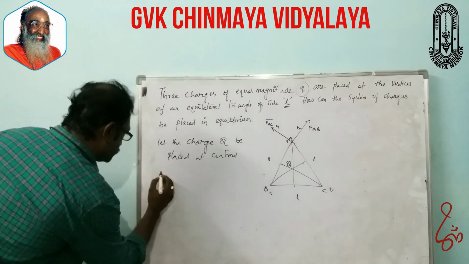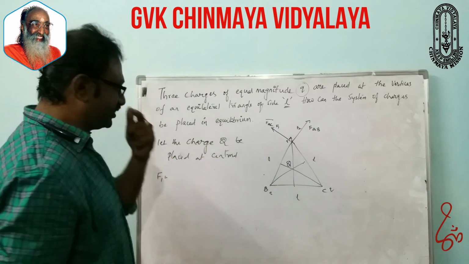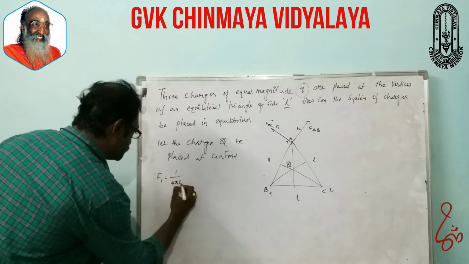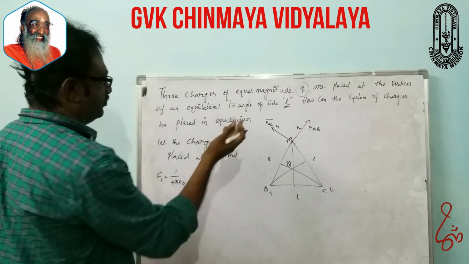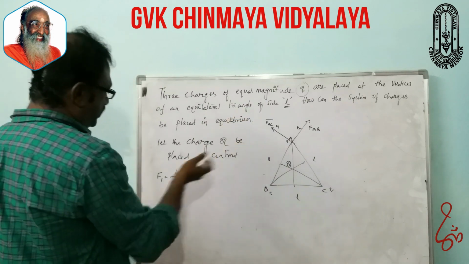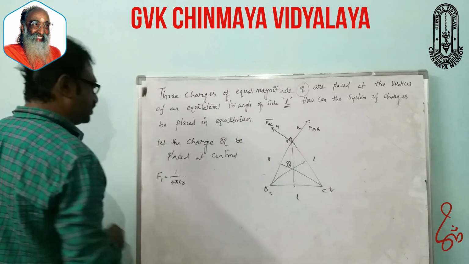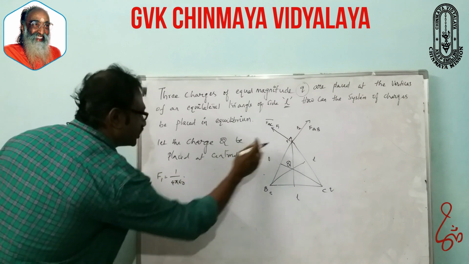Let's find out the values of F1 and F2. Just applying Coulomb's law, F1 is 1 by 4 pi epsilon naught. If you assume they are in vacuum, you can take epsilon naught; if in any other medium, you can take epsilon. It will not make any change. What are the two charges?